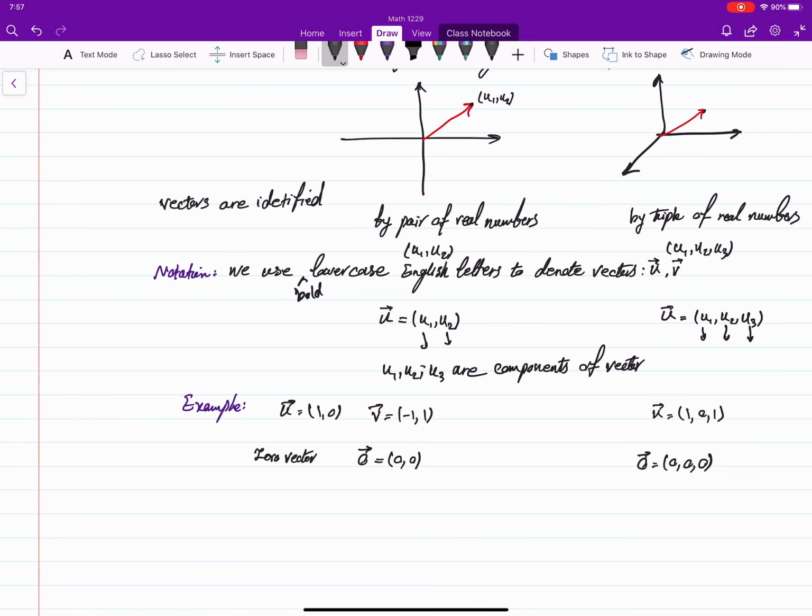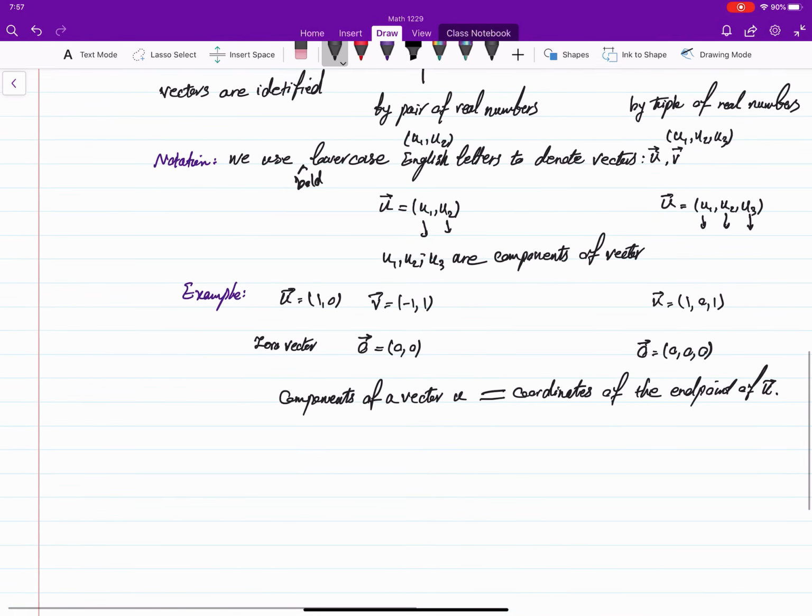That's exactly the components of the vector U. So components of vector U are the same as the coordinates of the endpoint of U. So that's how basically points and vectors are related.